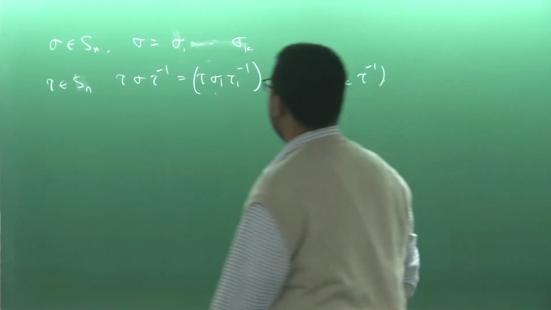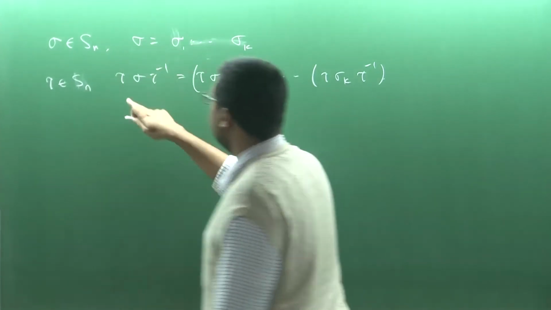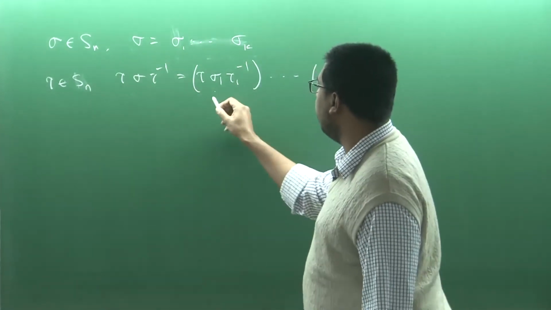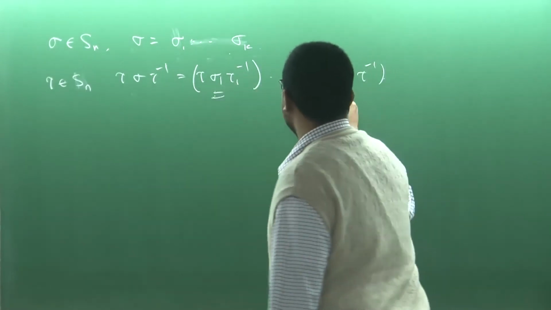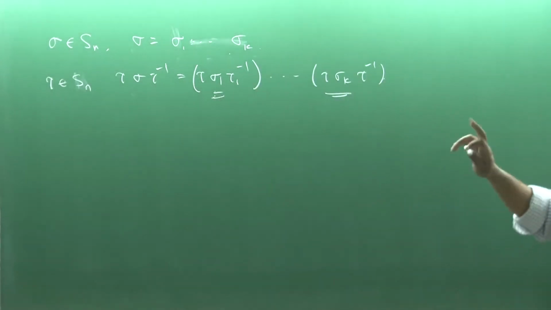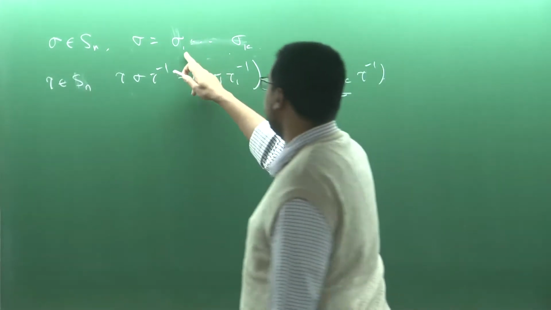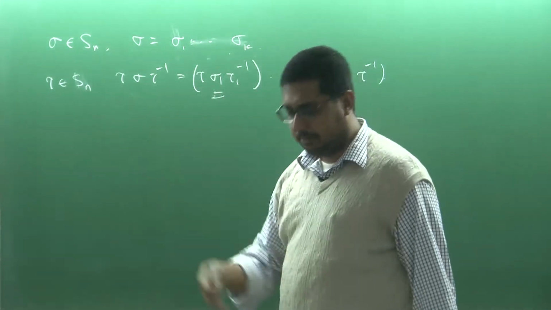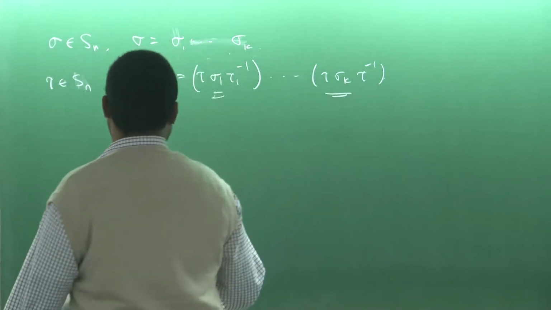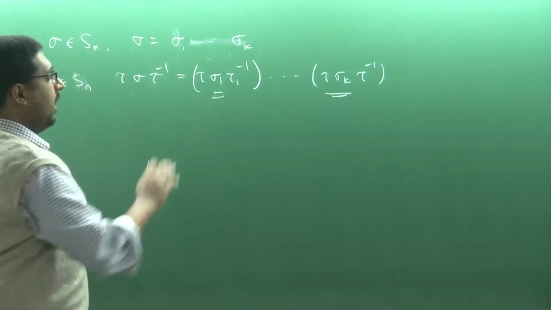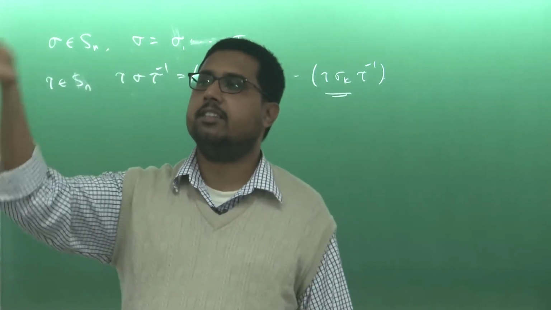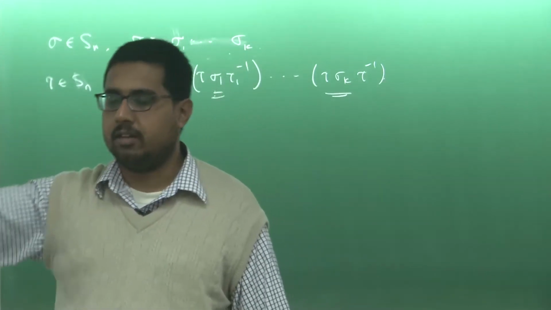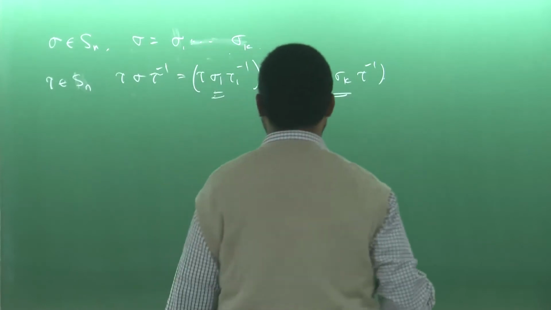So, what does that tell us? Since the sigma i are disjoint, these conjugates are also mutually disjoint, right, and as we have already proved, every permutation can be written as a product of disjoint cycles in a unique way, except for the order in which the factors occur.